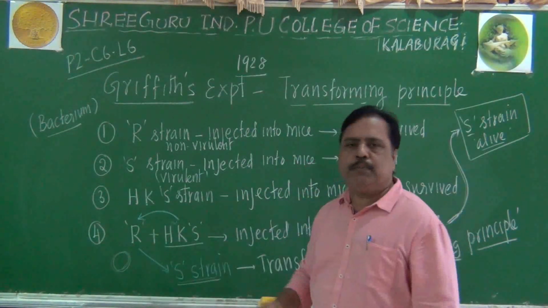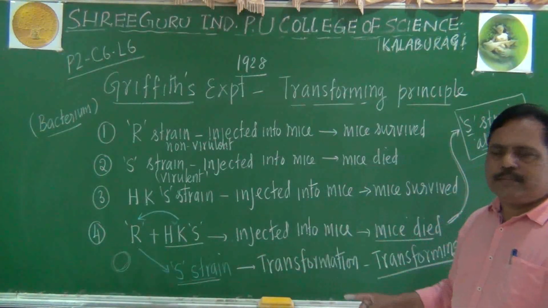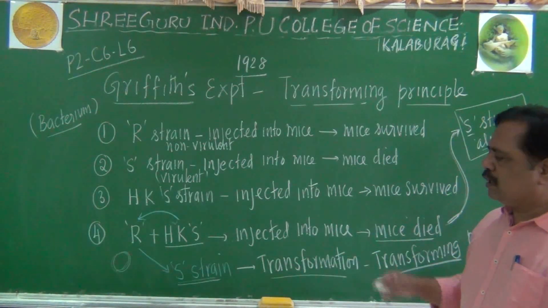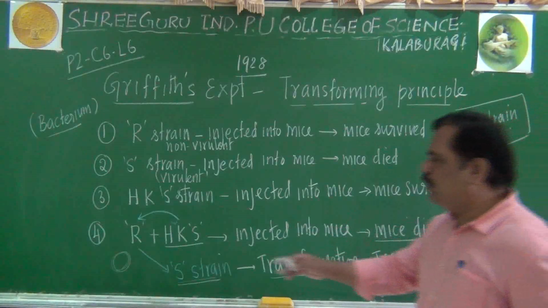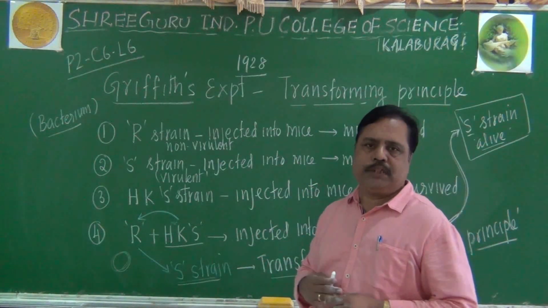Non-pathogenic R type has become pathogenic S type. That is why it has caused disease. This phenomenon is called transformation. What is transformation? Conversion of a non-virulent bacteria into a virulent bacteria is called transformation.